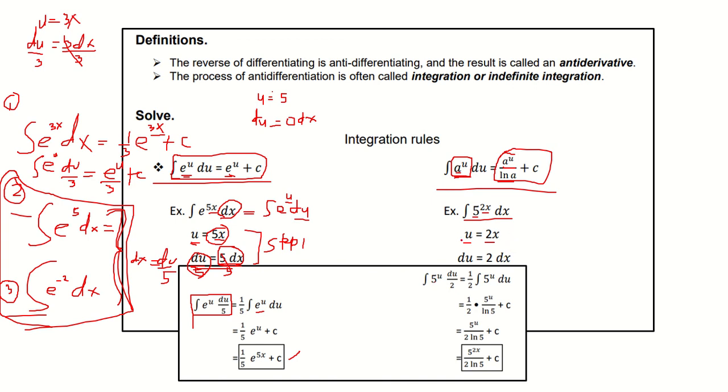So, that is 5 to the power of u du over 2 kasi ang dx natin ay du over 2, that is equal to a factor that is 1/2, and then 5 to the power of u, kasi ito siya ay a to the power of u over ln of base 5 plus c. Okay, so simplify, you've got 5 to the u over 2 ln of 5 plus c.